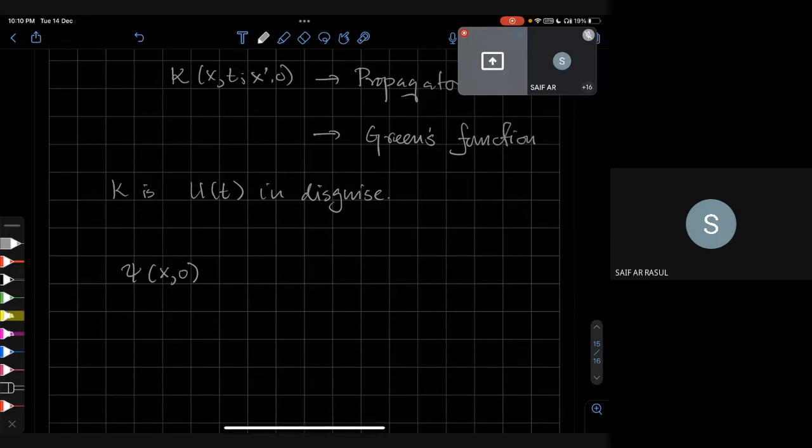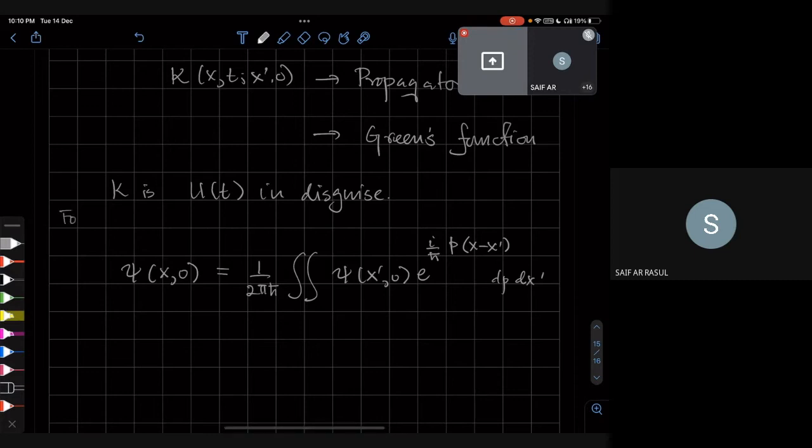It's basically taking the Fourier transform twice, then I get 1 over 2 pi h bar, two integrals with psi of x prime, 0, e to the power i by h bar p (x minus x prime) dp dx prime. So this is the Fourier integral theorem, and we derived this when we were discussing Fourier integrals.